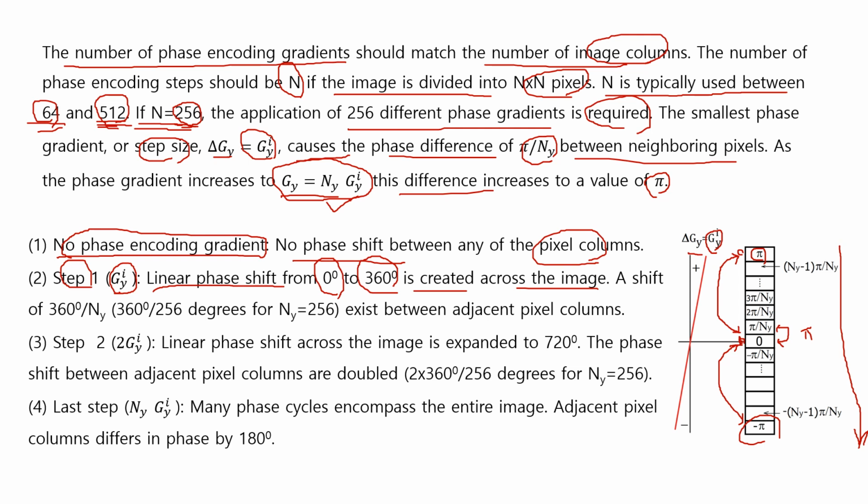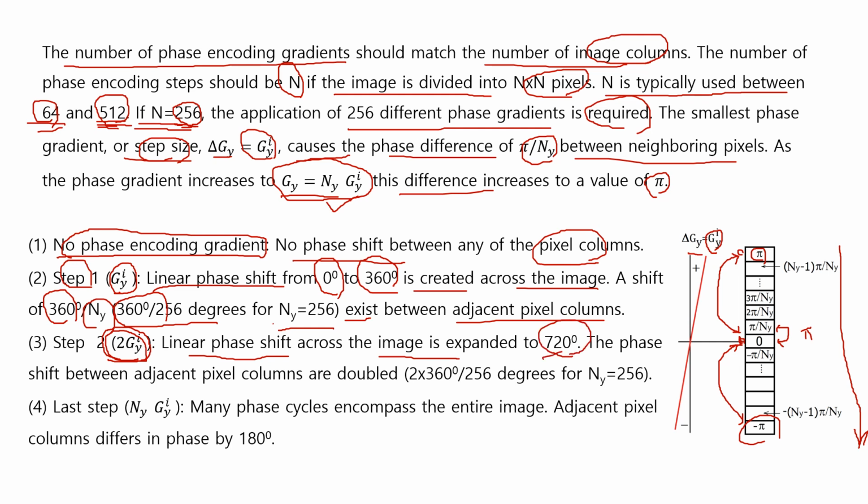A shift of 360 divided by ny, for ny equal to 256, this many degrees exists between adjacent pixel columns. Okay. Now, the next step, twice the smallest slope, then the linear phase shift across the image is doubled, right?